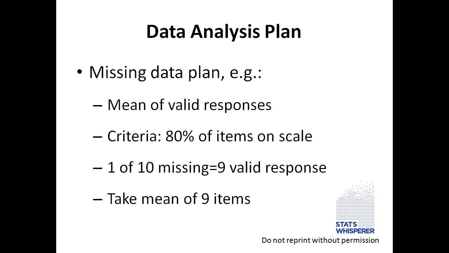So we would take the valid mean of the 9 items, and that score, because it's a mean, would still be between 1 and 5, and we would include them in the scores with all the other people that filled out all 10 items, because their means would still be between 1 and 5 too.